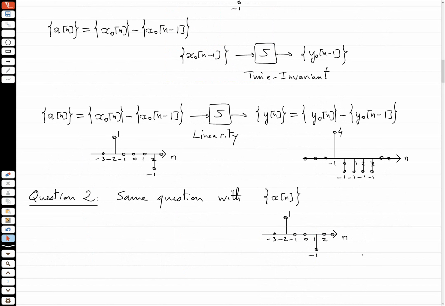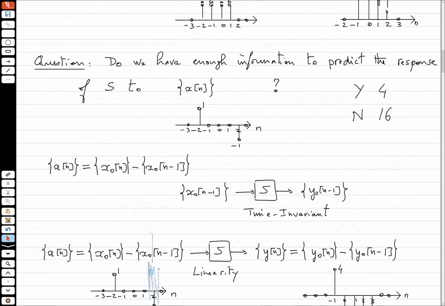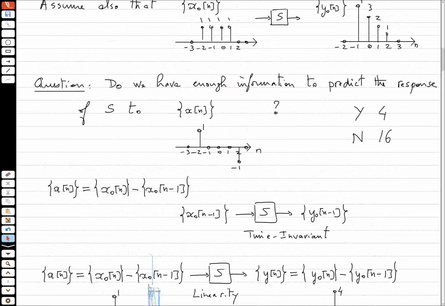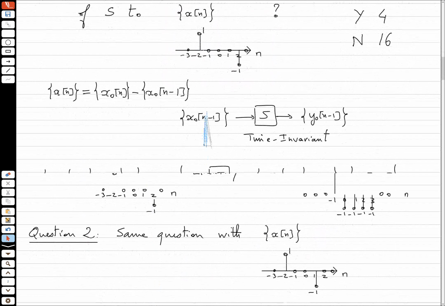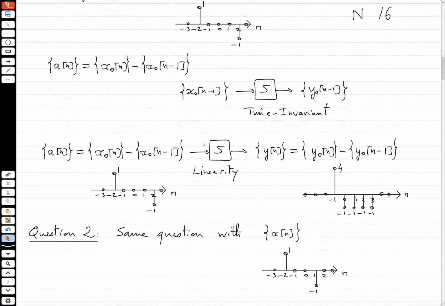So same system with same assumptions. We know the response: S is LTI, x naught becomes y naught. But the question is, can we predict the response of the system to this new input x of n?